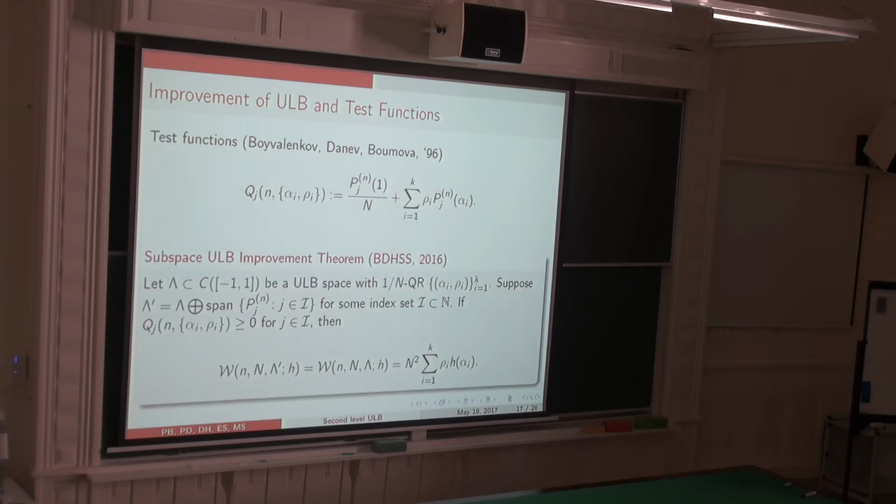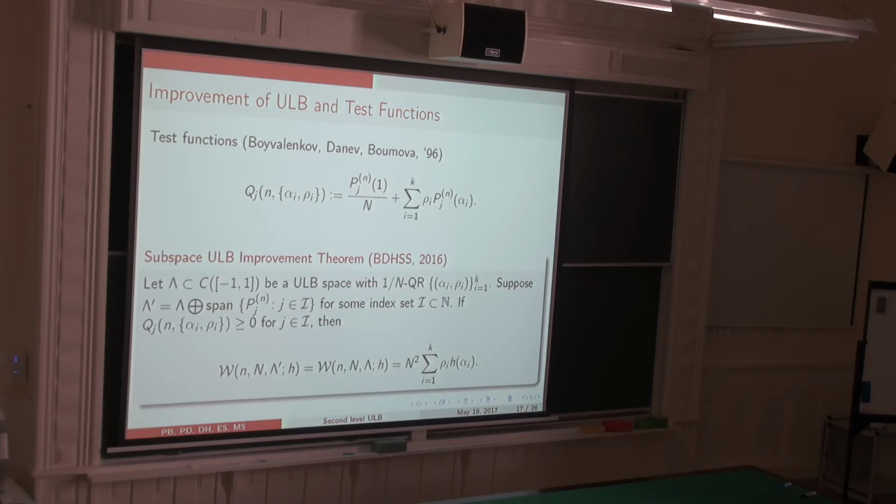And moving on, important in the analysis are the so-called test functions introduced by Boyvalenkov, Dragnev, and Hardin, in '96. These are really the quadrature rule for the Gegenbauer polynomials. All right?